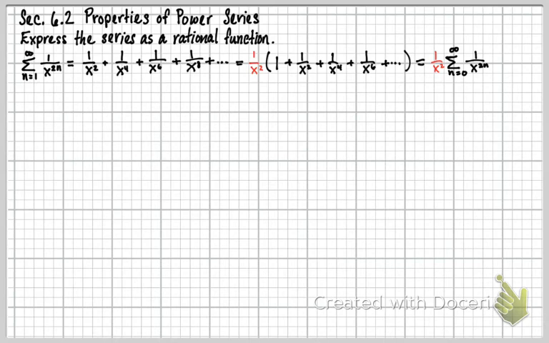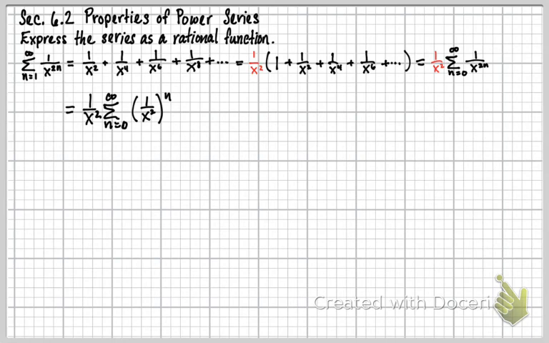Now doing a little bit more fancy algebra here, we can actually get this down to 1 over x squared times the series n equals 0 to infinity of 1 over x squared to the n.